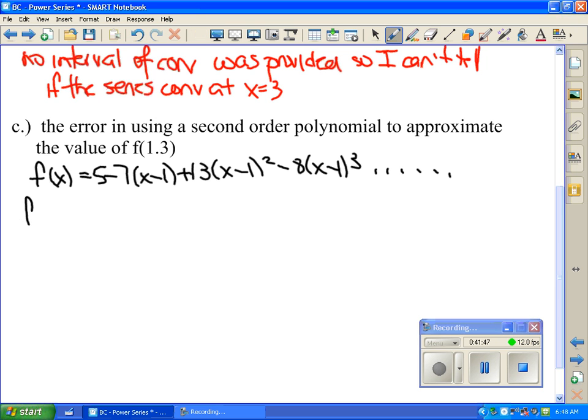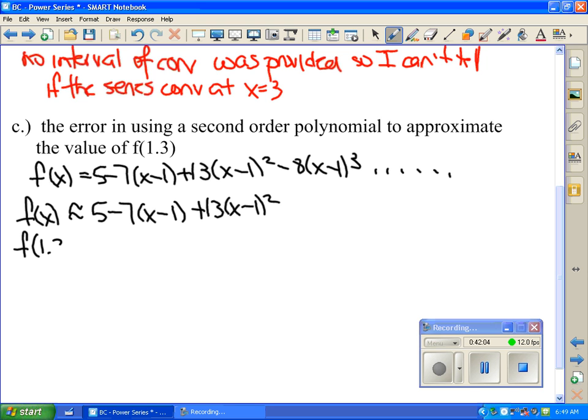So f of x is going to approximately equal 5 minus 7, x minus 1, plus 13, x minus 1 squared. And the question is, what would be my error in using this to approximate f of 1.3? So f of 1.3 would therefore be approximately 5 minus 7 times 0.3, plus 13 times 0.3 squared.